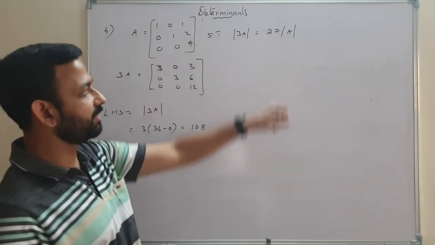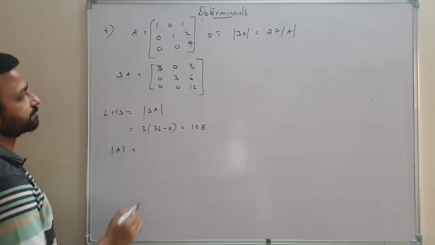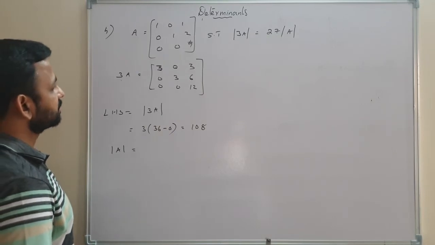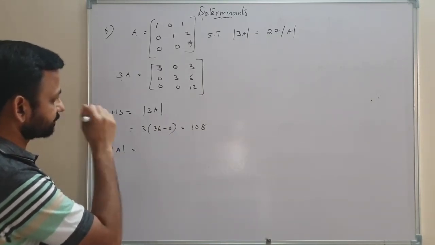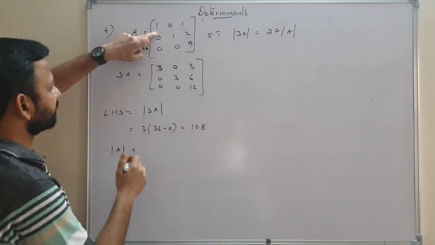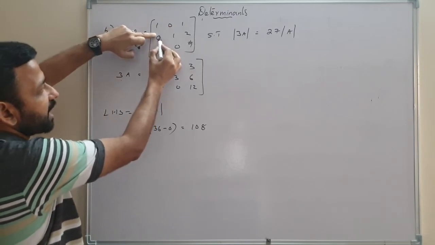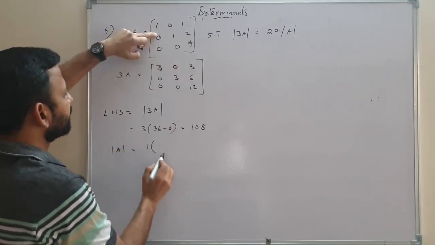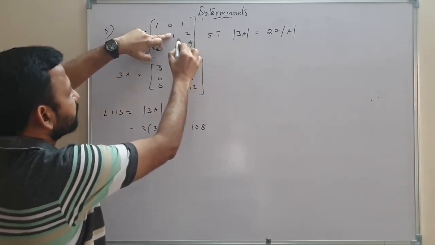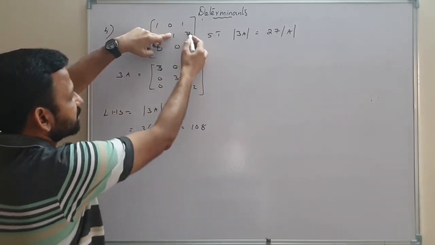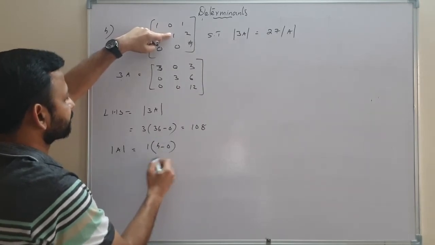Now we can find RHS. RHS is 27 into determinant A. So we need to find determinant A first. We can use the first column for finding the determinant because we have two zeros there. 1 into 4, 4 minus 0 into 2, that is 0.